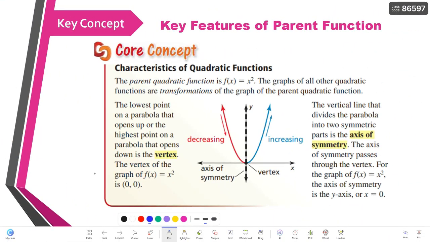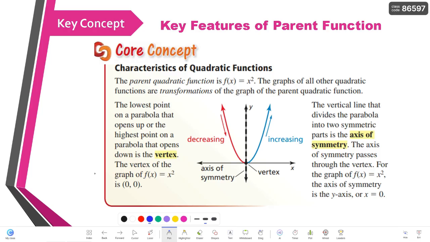We have two possibilities for the graph of the parent quadratic function. The first possibility is when a is higher than 0, a positive number, and the second possibility is when a is less than 0, a negative number.